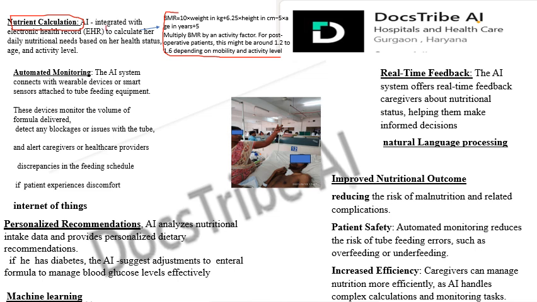But AI will go and take these basic parameters from the record itself and calculate. So that part, the healthcare worker is freed of doing that mathematical calculation. As I told you, there is automated monitoring. Wearable devices, they will even tell you whether the tube is blocked or patient is uncomfortable because there is a camera sensor also.